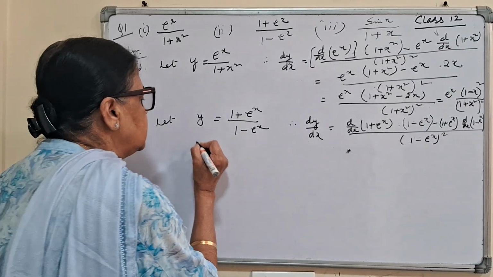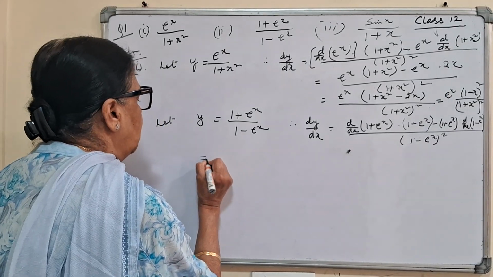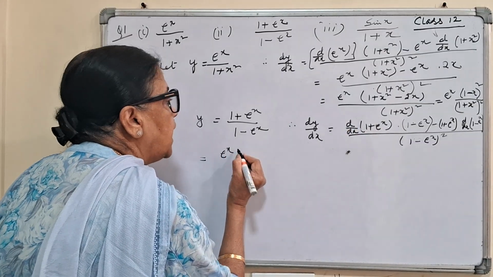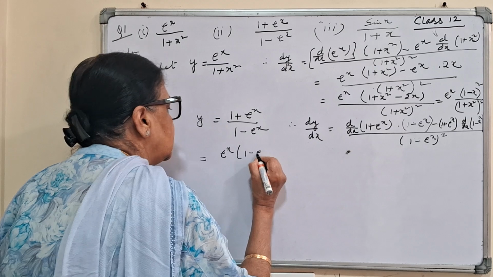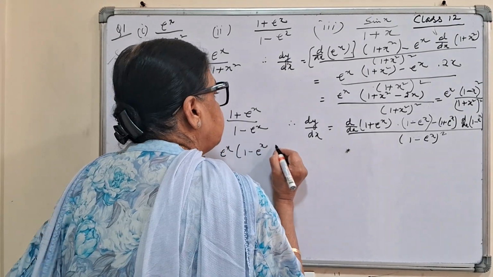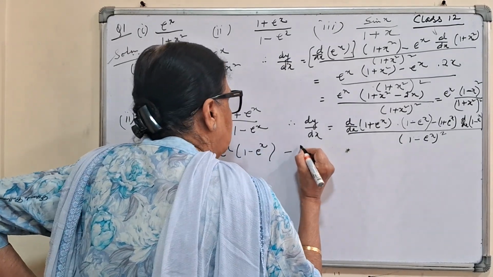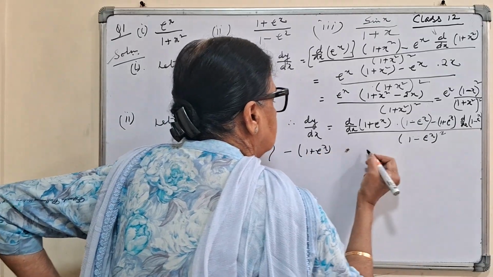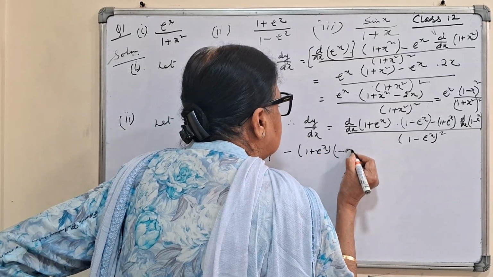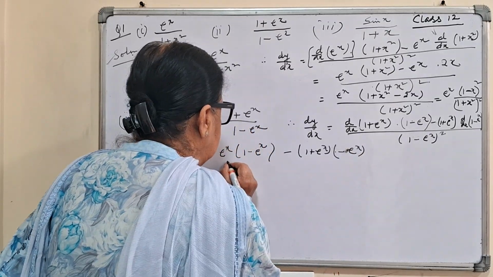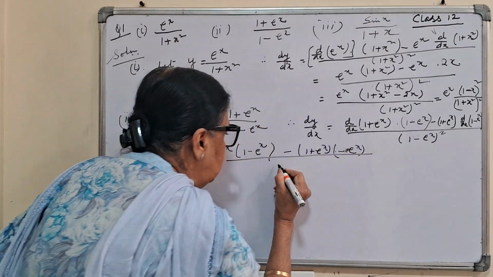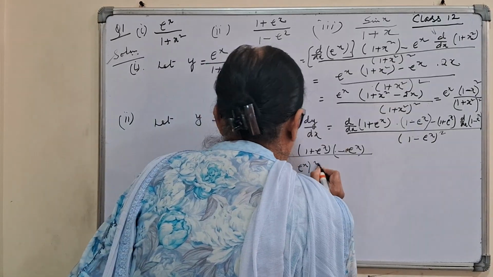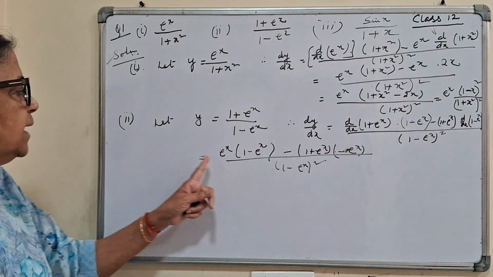Then d/dx of 1 is 0, so it is 0 plus e raised to the power x into 1 minus e raised to the power x, minus 1 plus e raised to the power x into minus e raised to the power x, divided by (1 minus e raised to the power x) whole square. Then I simplify.